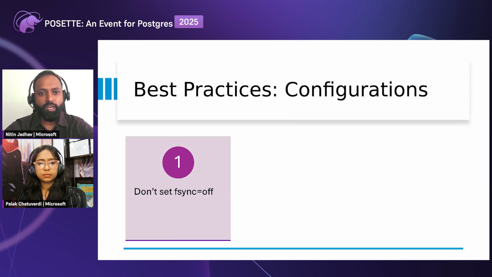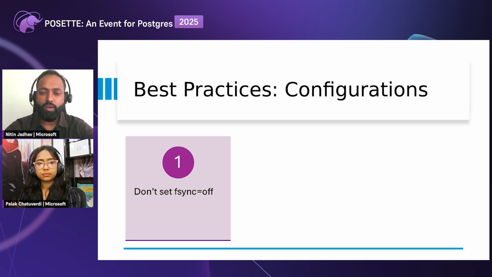So, in configuration settings, the first thing is don't set fsync to off. The fsync setting ensures data durability by forcing PostgreSQL to flush data to disk after each transaction. Setting this to off disables this safeguard, meaning data may remain in memory and never reach the disk. A crash, which could be due to power failure or OS crash, can result in data corruption.